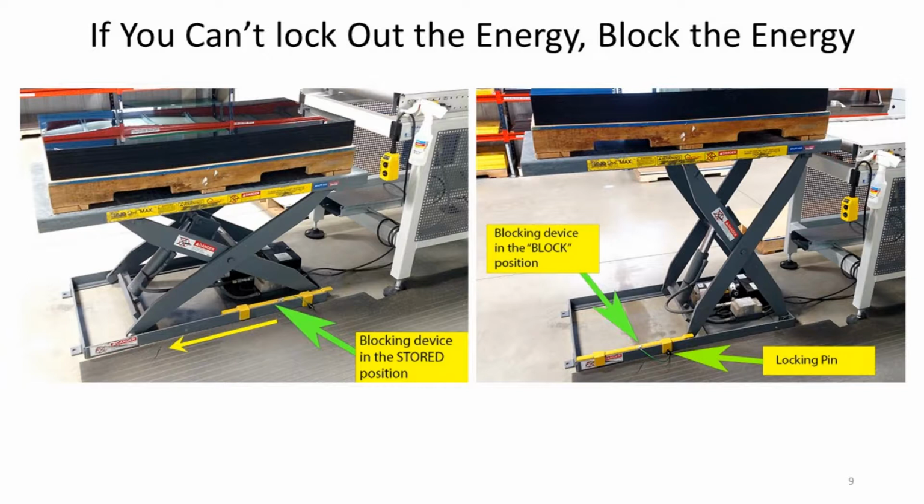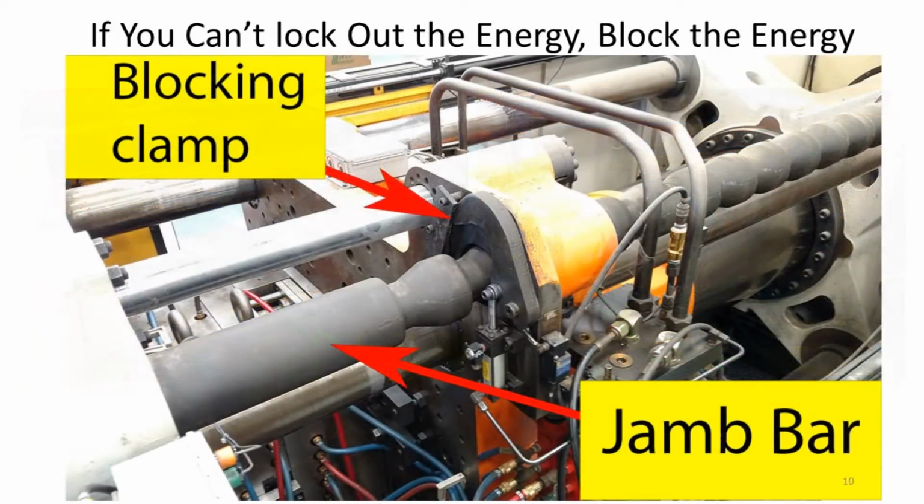Notice in the photo on the right how the blocking bar has not only been relocated to the left into the blocking position, but how a locking pin is inserted in that blocking position to keep it from popping out of that track. Now you may need to employ a similar locking retainer or pin or clip to keep that blocking device in its intended position in the machine you're working on.